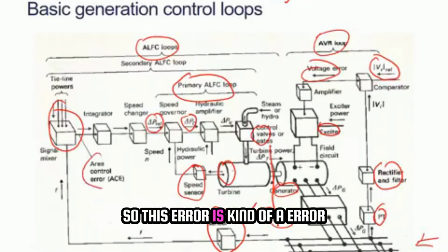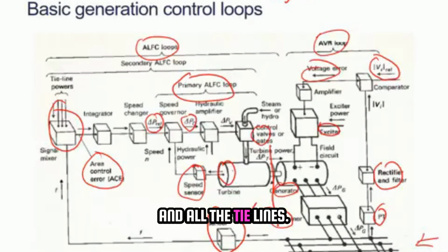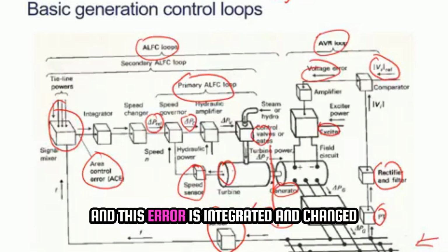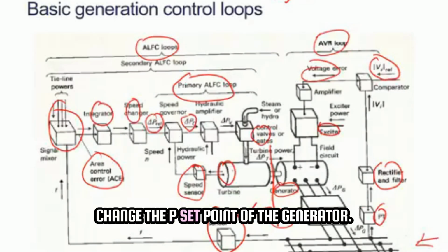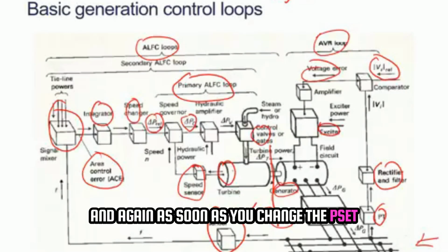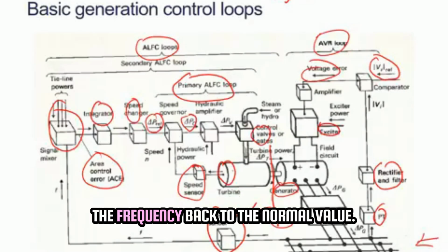This error, corresponding to all the generators and tie lines, is integrated and given to the speed changer, which will change the P set point of the generator. As soon as you change the P set point, the primary LFC loop will come again and try to set the frequency back to the normal value.